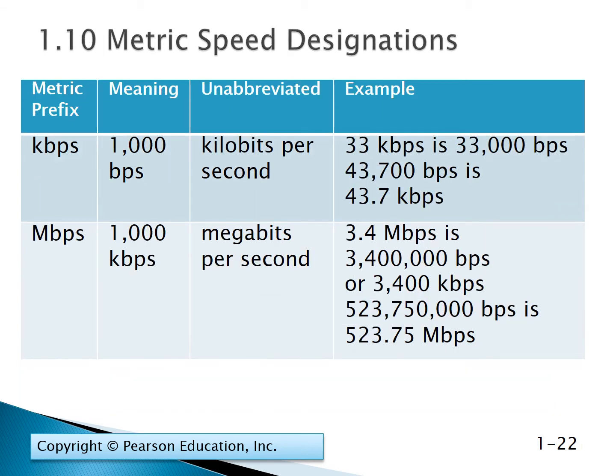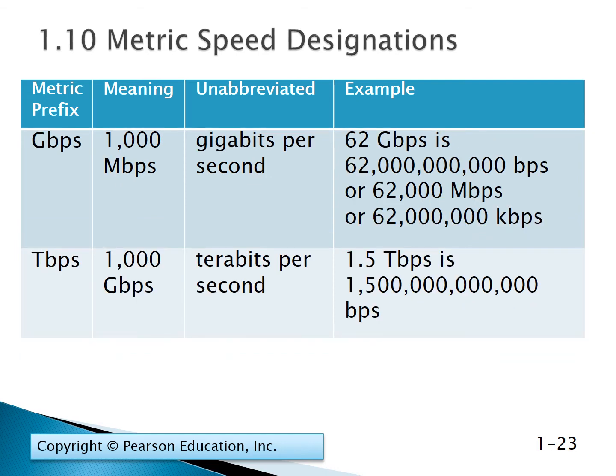This table is just showing the meaning of these units. Kilobit per second means 1000 bits per second. These are just some examples, like 33 kbps is 33,000 bps, right? And then Mbps is megabit per second, and Gbps is gigabit per second, and Tbps is terabits per second, which is basically 1000 gigabit per second.